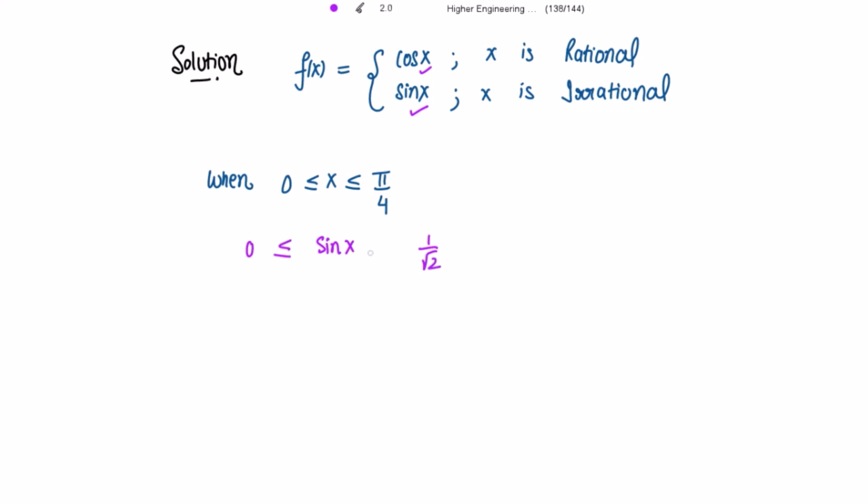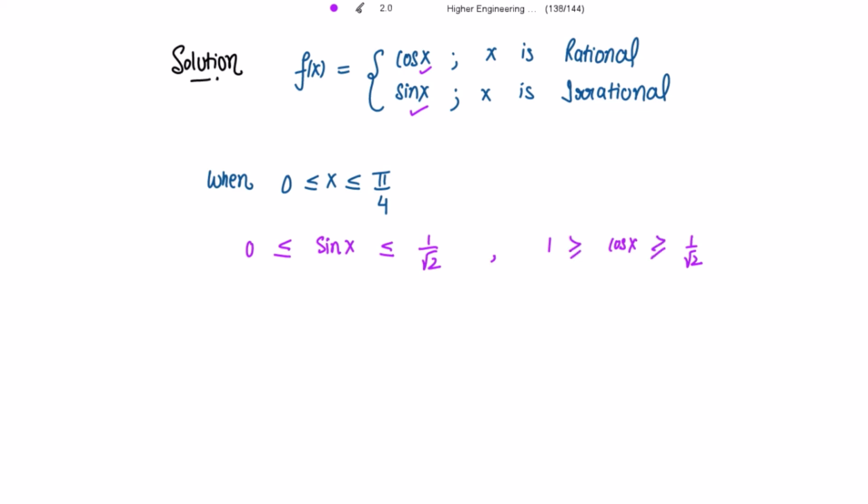Sine remains increasing because we know that sine x is an increasing function from 0 to pi by 4. Whereas if we take cos all over, cos of 0 is 1, then cos of x, then cos of pi by 4 is 1 by root 2. So cos x is a decreasing function from 0 to pi by 4.